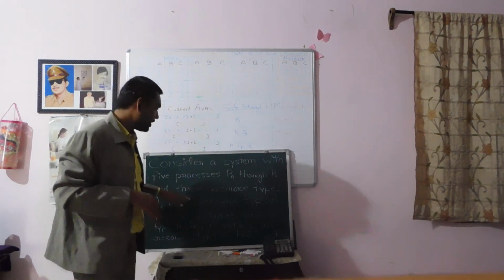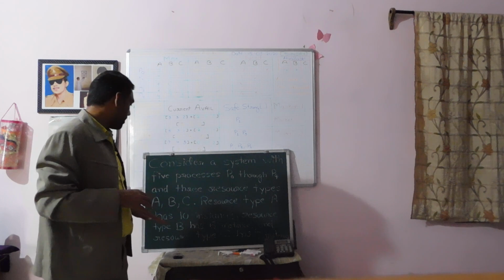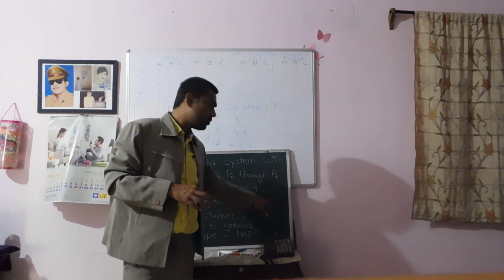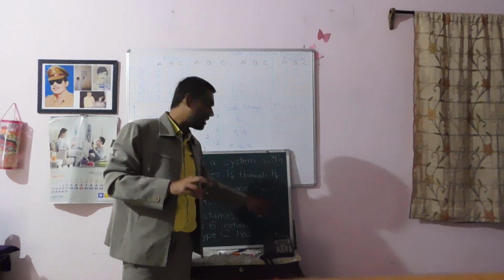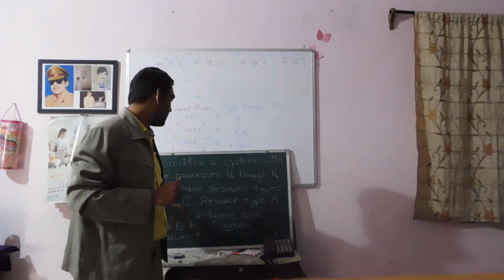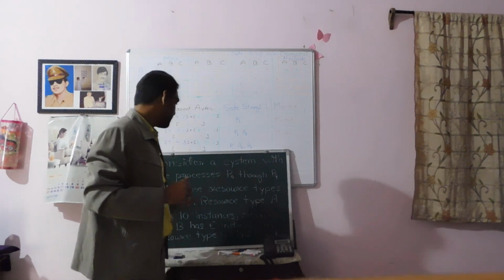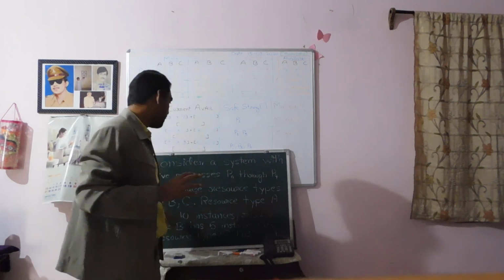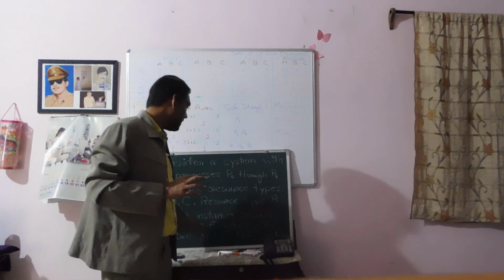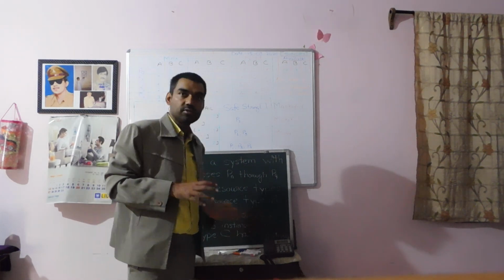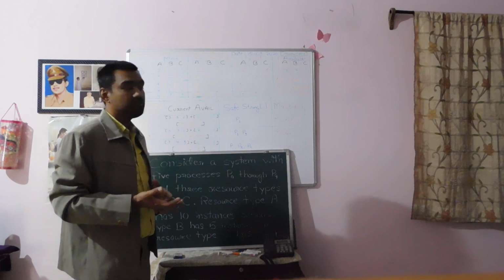Now coming to the starting point where I specified that the number of instances of resource type A available is 10 in the system. In the system we have 10 instances of A, 5 instances of B, and 7 instances of C. So some allocation is already made.